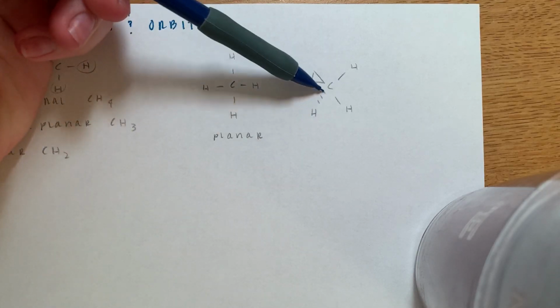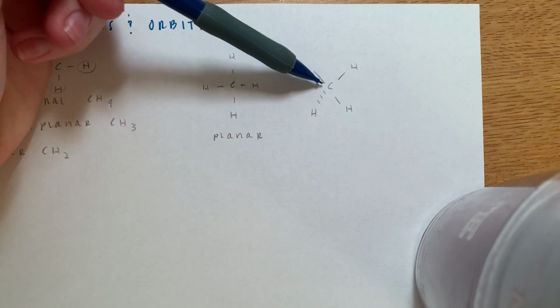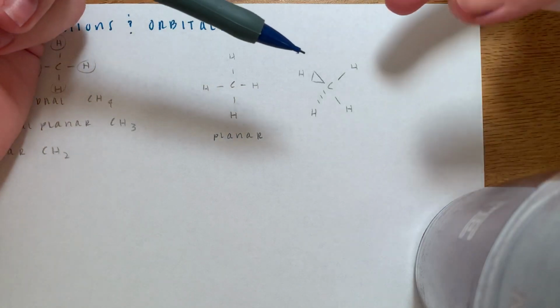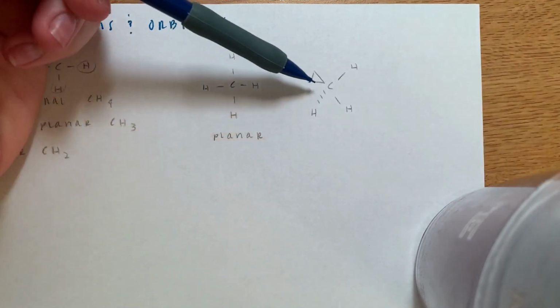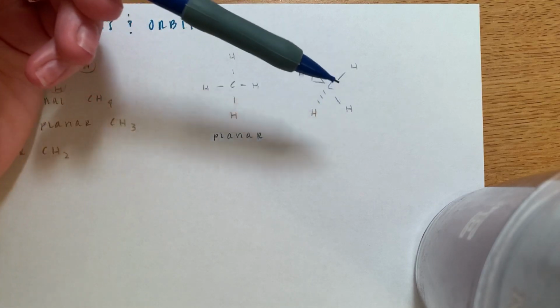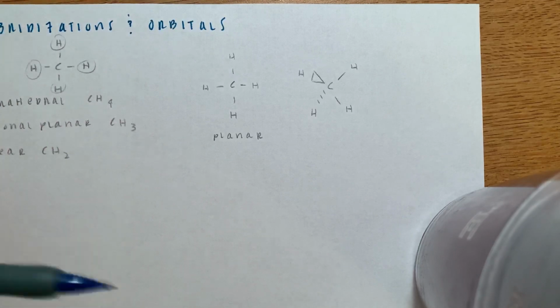This little dashed line means that it's going into the paper, and this little wedge shape means that it's coming towards you. So if you think about it, it's kind of twisted like this, where we have this facing towards us, this going into the paper, and then these are by themselves on the side. So just not super important for this video, but just keep that in mind.